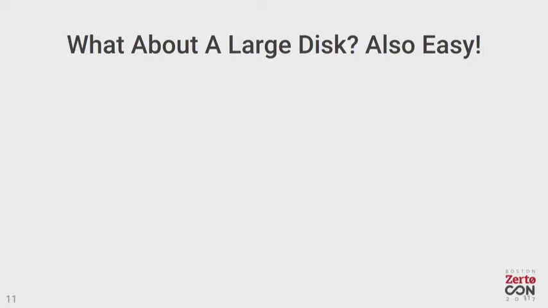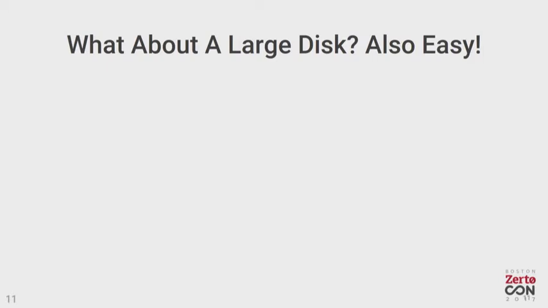So what about a larger disk? I picked an arbitrary tiny number because it's really easy, but you probably have an OS boot disk that's 40 or 80 gigs. You've got some data volumes that are dozens or hundreds of gigabytes. You've got database volumes that could be terabytes in size. So it's not a 16 megabyte problem.